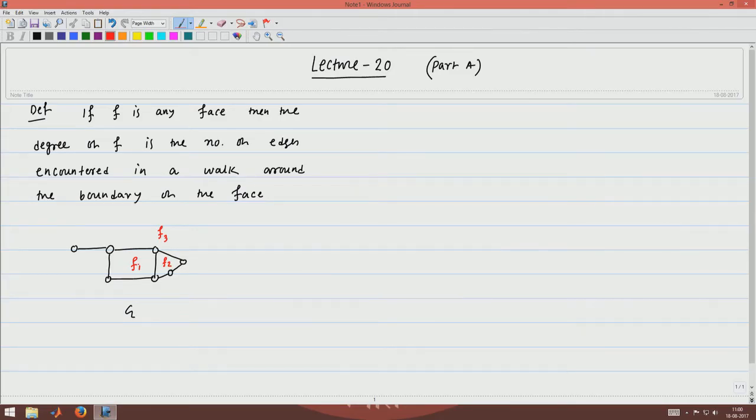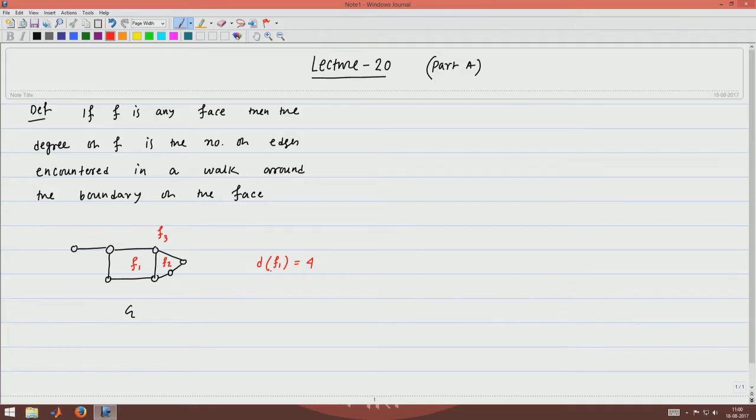Now, the degree of this face F1 is equal to 4, because of the number of edges encountered in a walk around the boundary of the face. If the walk starts here, then the walk visits these 4 edges and comes back to this vertex again.